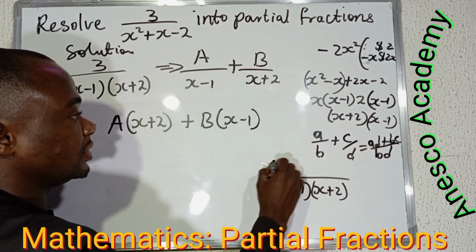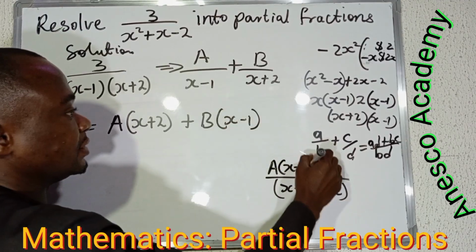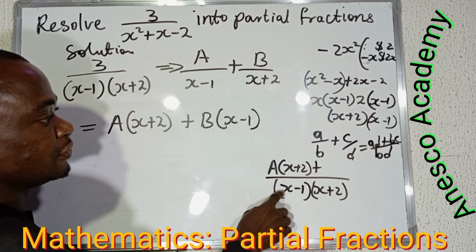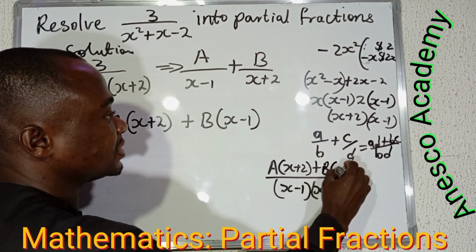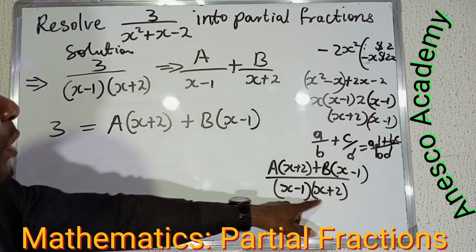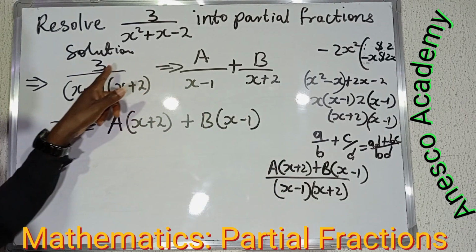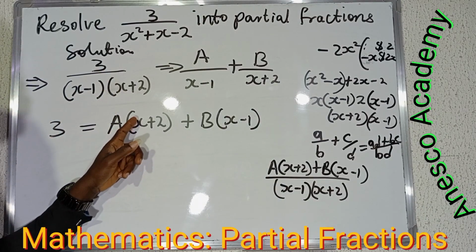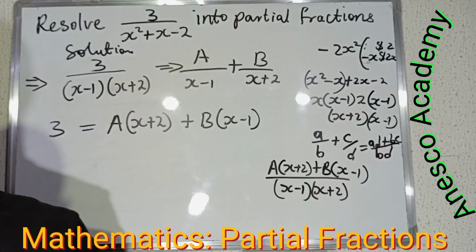I will now have a in brackets x plus 2. Then put the sign. If I divide this with this, it will give me x minus 1, and I will multiply it with b. It will be b times x minus 1. Now you see the denominator is the same, so the numerator must also be the same. Therefore, we can say that 3 is equal to a in bracket x plus 2 plus b in bracket x minus 1.